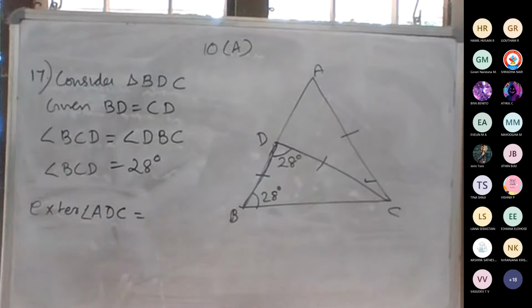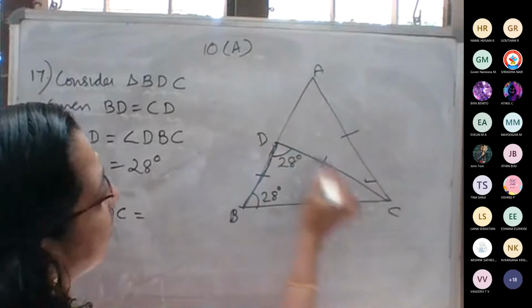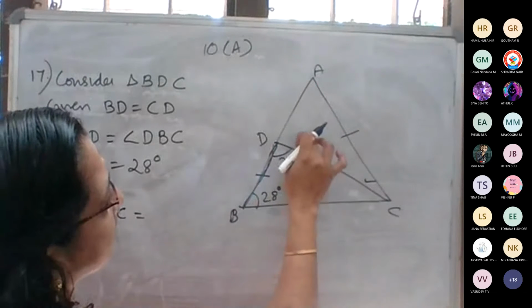Exterior angle ADC. Tell me. If you take triangle BDC, this will be the exterior angle.